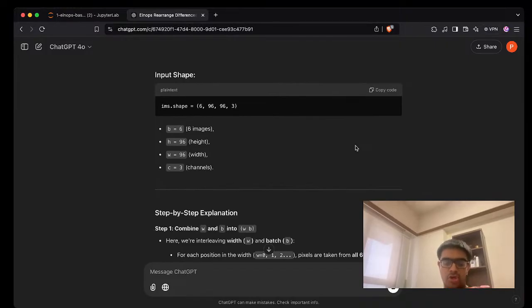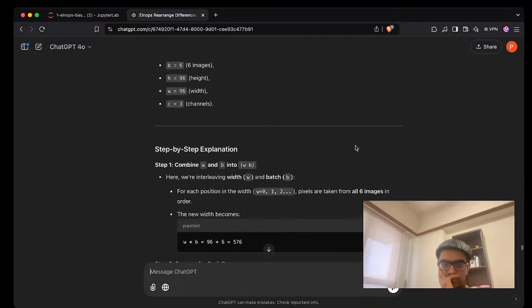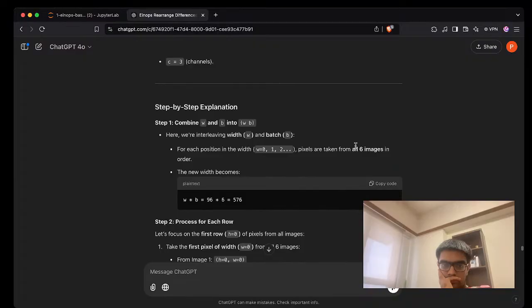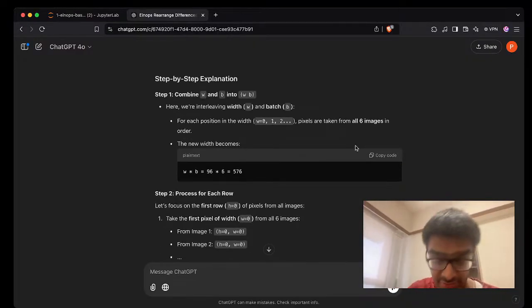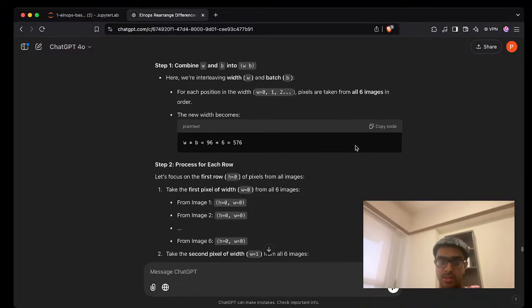Width and batch: for every position in the width, W equals 0, W equals 1, for the height equals 0, take the first pixel of W equals 0 from all 6 images, image 1, image 2, image 3, and so on, right?